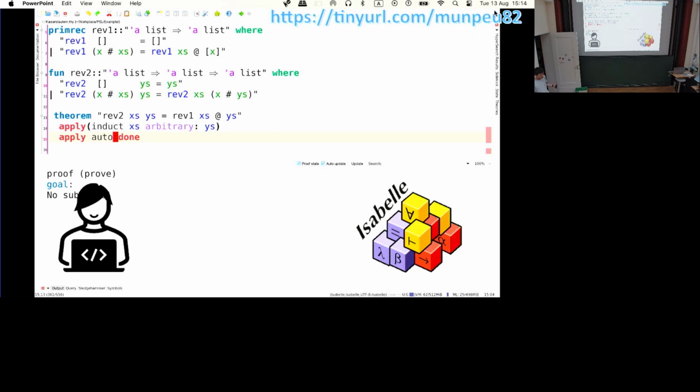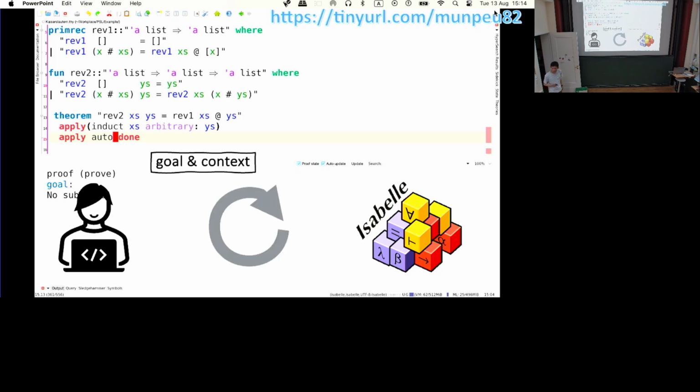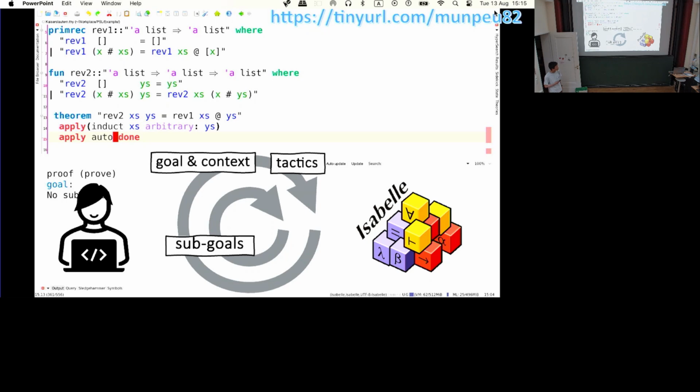And I think most interactive provers are similar in a way. We are users and we have a prover of our choice. We define proof goals in a proof context, which may contain auxiliary definitions and lemmas. And we apply tactics, and tactics return sub-goals. And we keep applying tactics to new sub-goals.